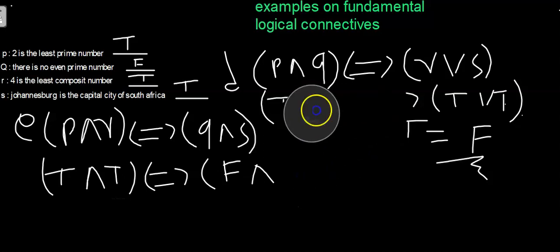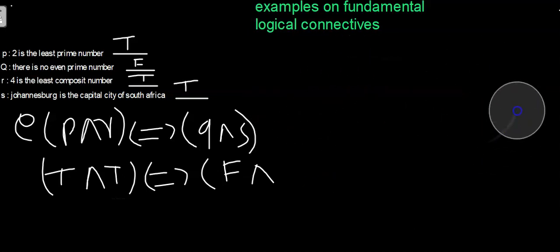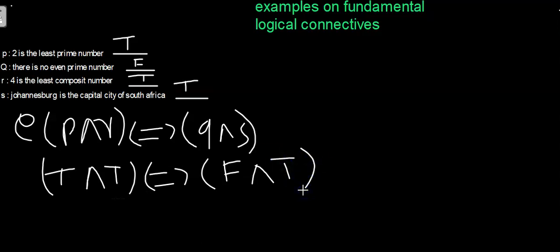Let me erase this too. Okay. False, and this is true. Now substitute it. So true and true is true, and by implication, false and true is not true.